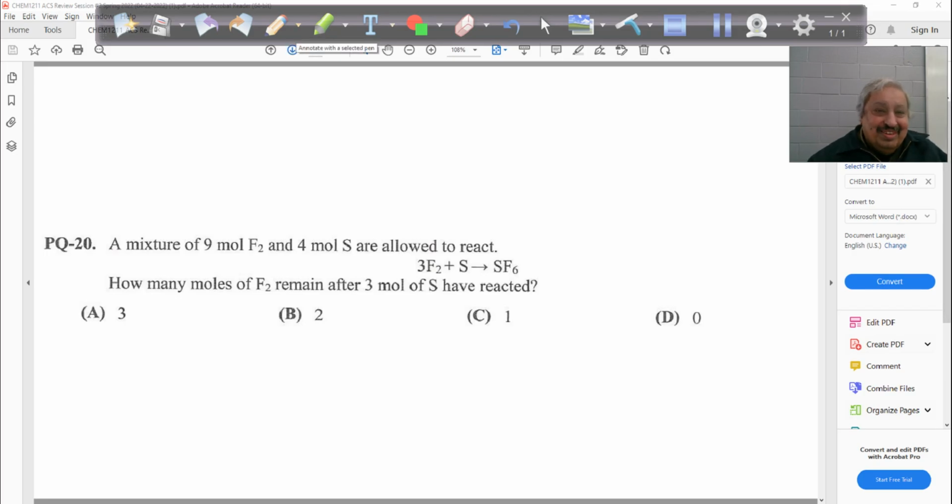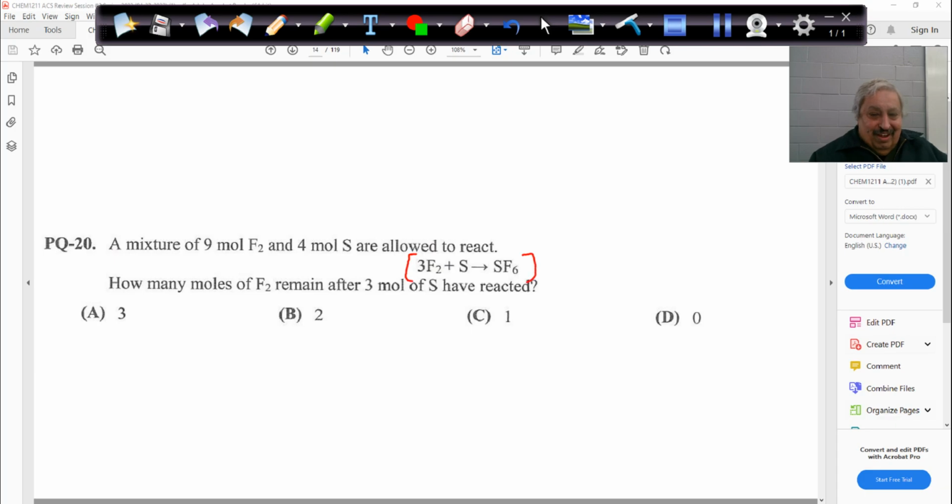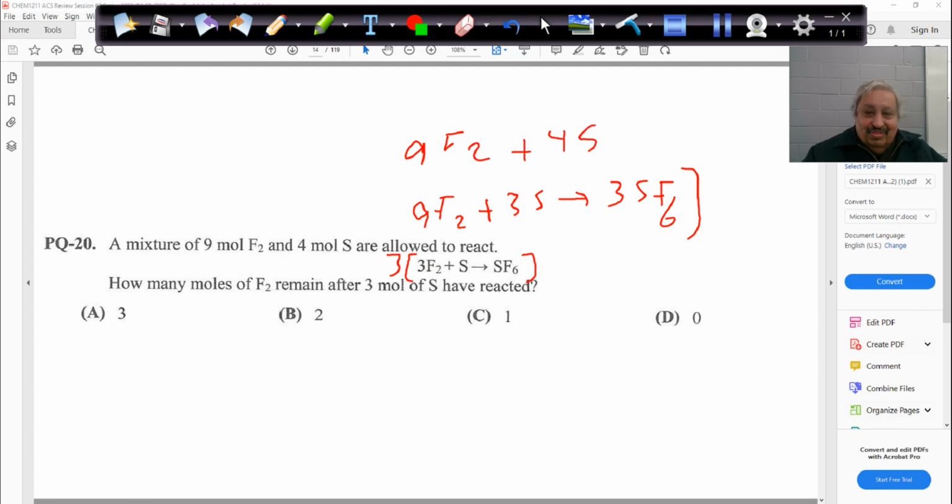But if it's like 3 moles, then we cancel out. So I need 3 moles of sulfur. I have to multiply this one by 3 to get 9 F2 plus 3 S gives 3 SF6. Correct? You have actually 9 F2 and 4 S. So the S is left over.